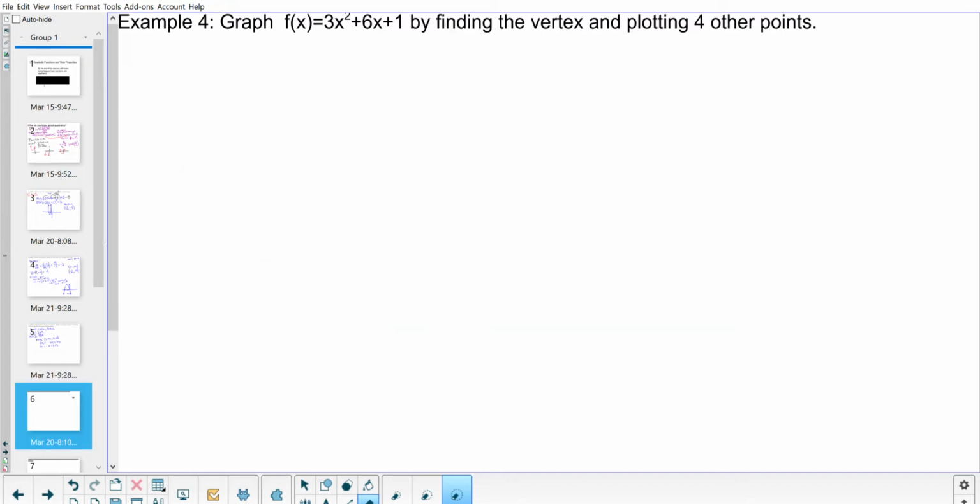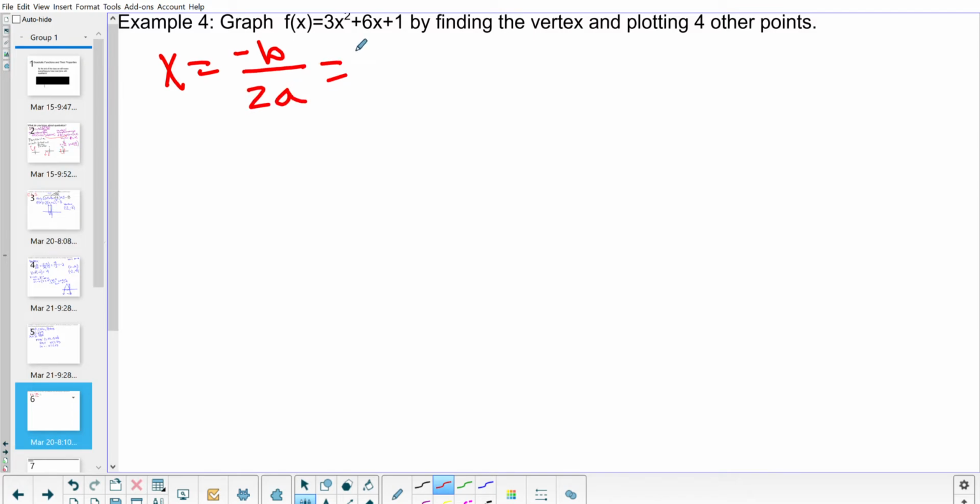Okay, moving on. This is not even the back page of the notes yet. Okay, so lots to review with quadratics. This time it's asking to graph by finding the vertex and plotting 4 other points. So the vertex is x equals negative b over 2a.